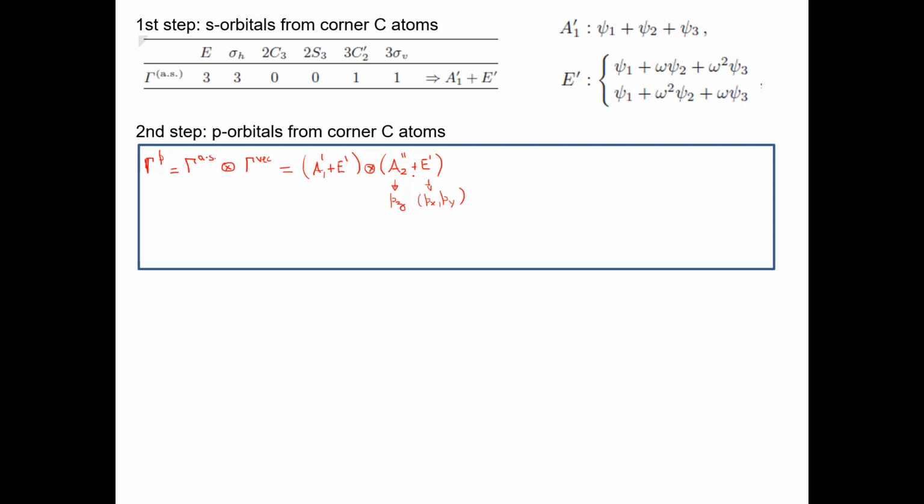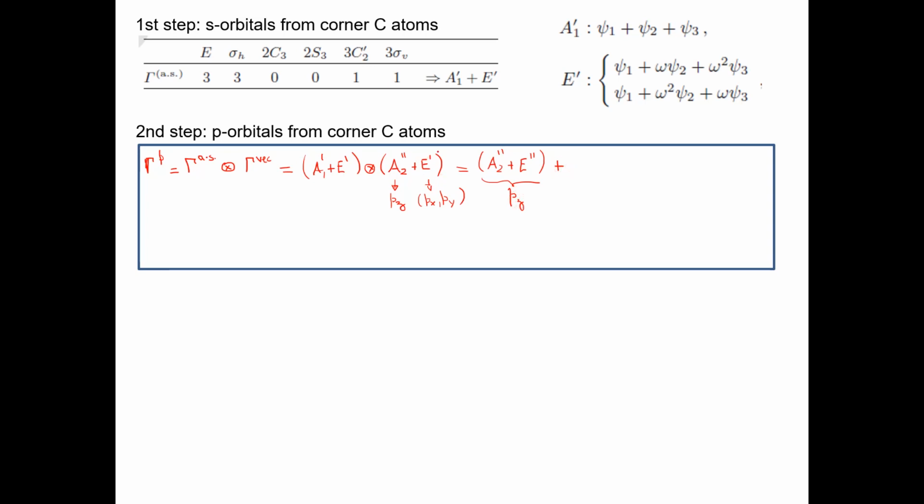Now I make the direct product. Let's make the direct product between A2 double prime and the atom site representation. I'm going to skip the calculation, and I'm just going to tell you that this is equal to A2 double prime plus E prime. You can verify that. So this is coming from pz again.